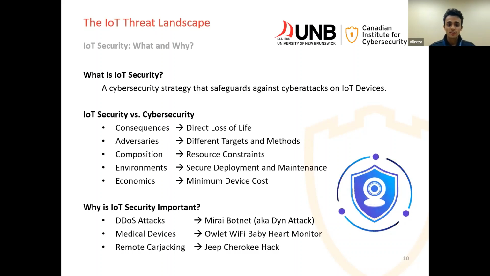In terms of adversaries, they have different targets and different methods. For example, there have been some reports regarding an increase in ransomware against hospitals, because we are dealing with human lives. And if they conduct a ransomware attack against the hospital, there's no way the hospital can refuse to pay, and they will reach their goals.